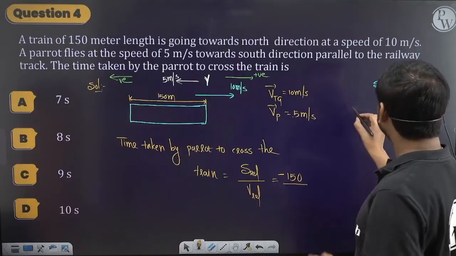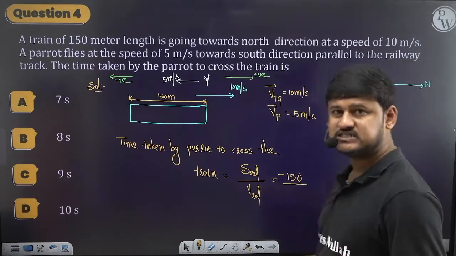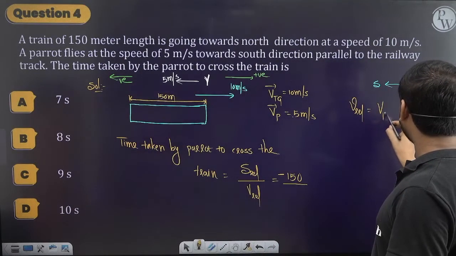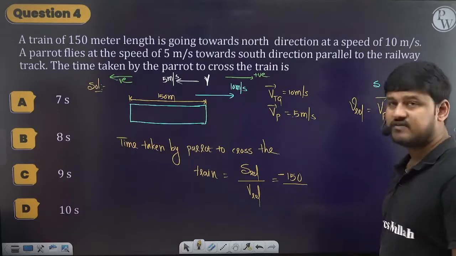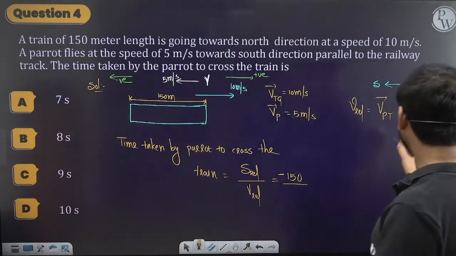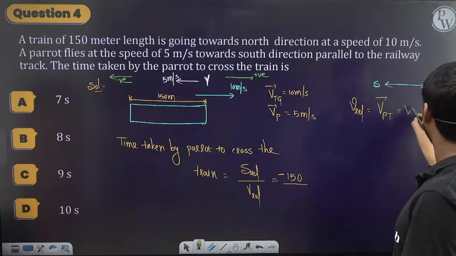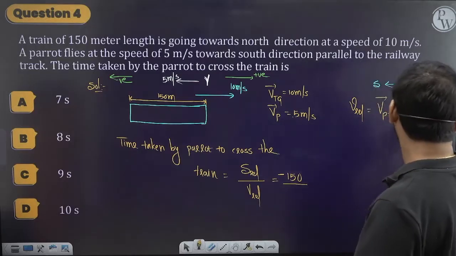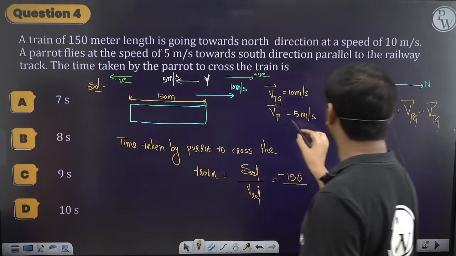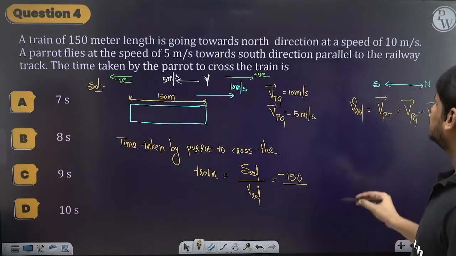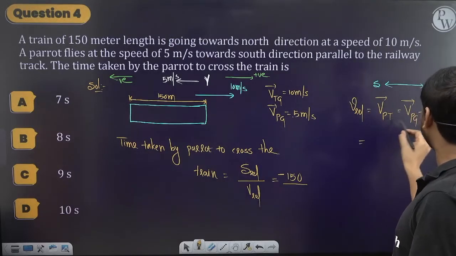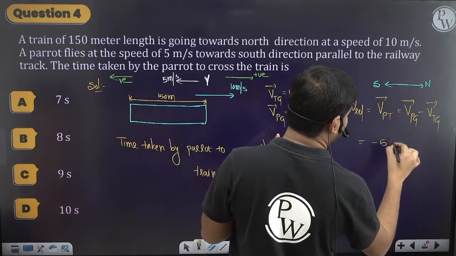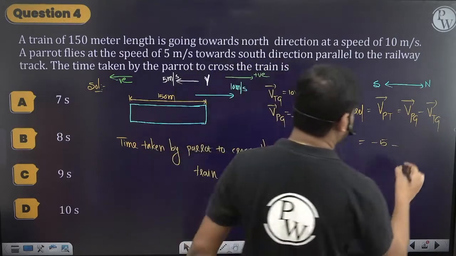Now what is the V relative? It is the velocity of the parrot with respect to the train, which is the velocity of the parrot minus the velocity of the train, both with respect to ground. The velocity of the parrot with respect to ground is minus 5, minus the velocity of the train with respect to ground, which is 10.